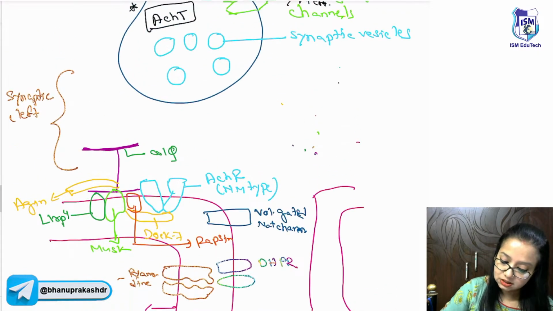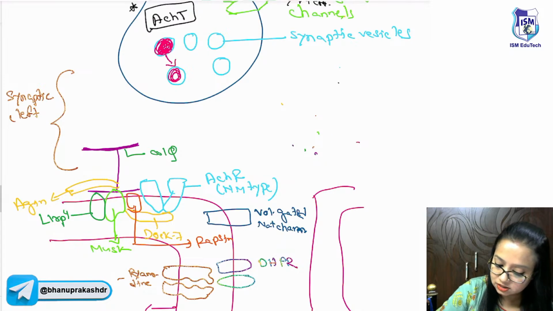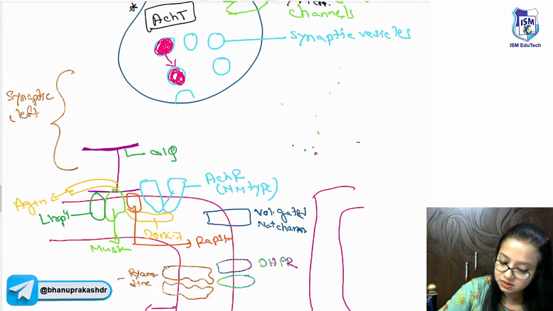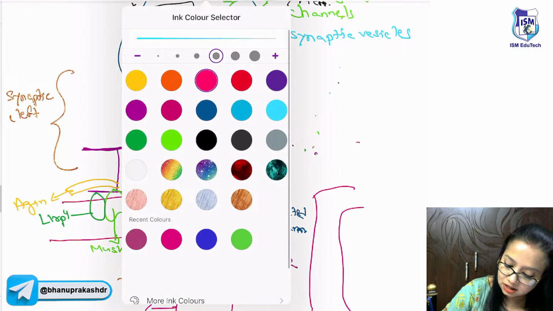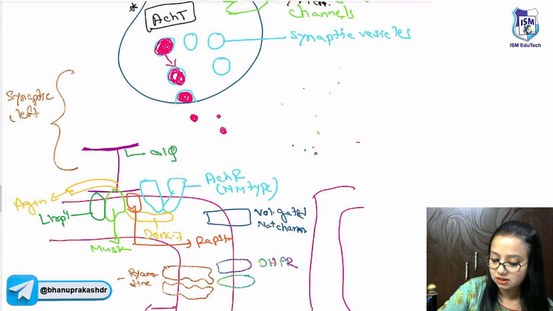It will be lysed out by exocytosis to the synaptic cleft.